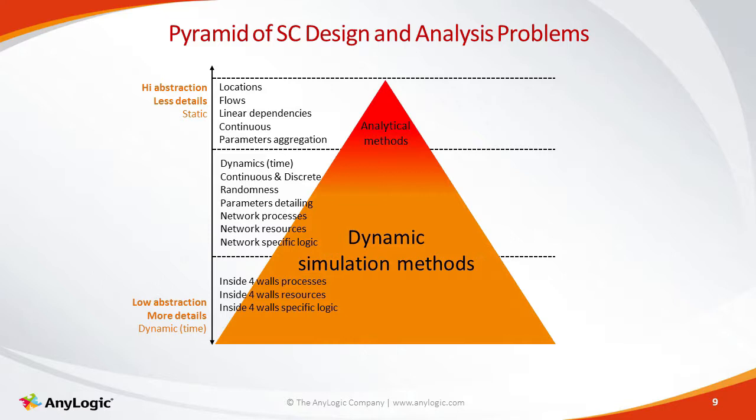Obviously, there is a border in this abstraction level. When you cross this border, there is no way to represent the details you want to take into account in the analytical world, and then you have to use dynamic simulation modeling to solve those problems.